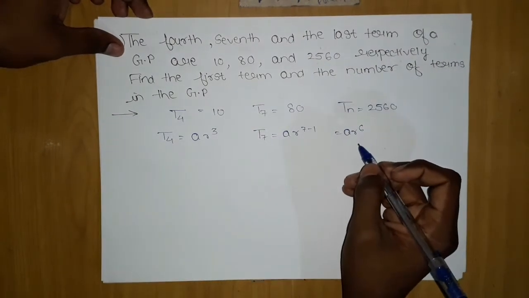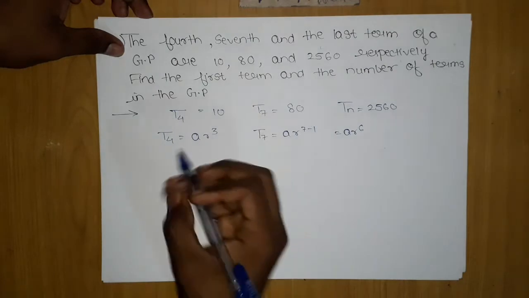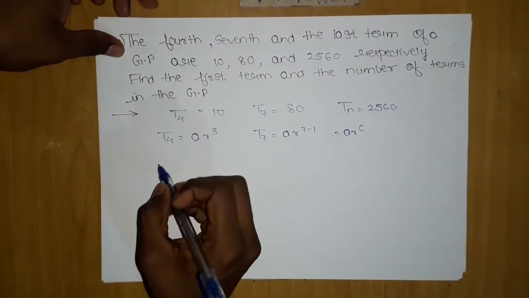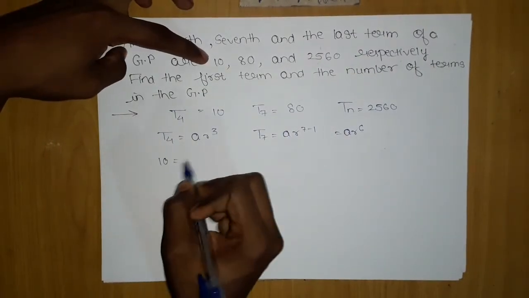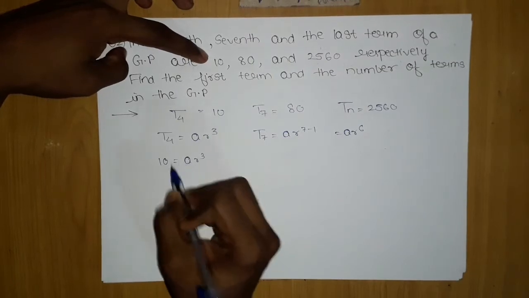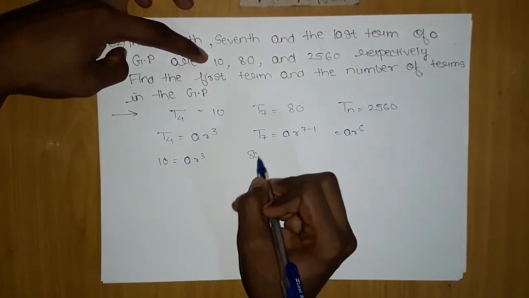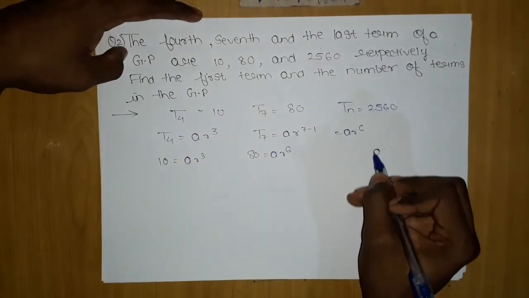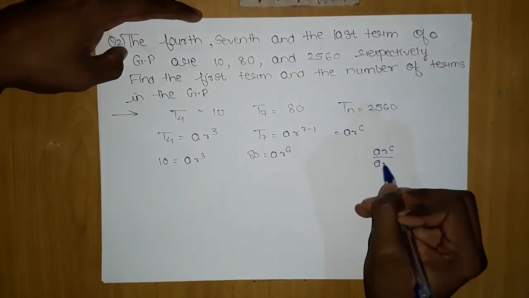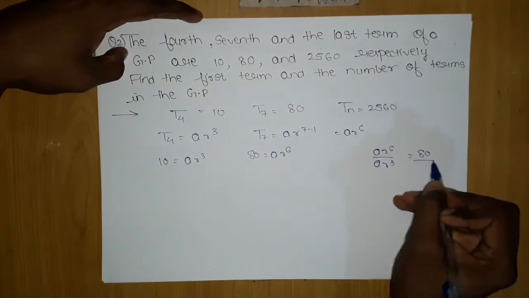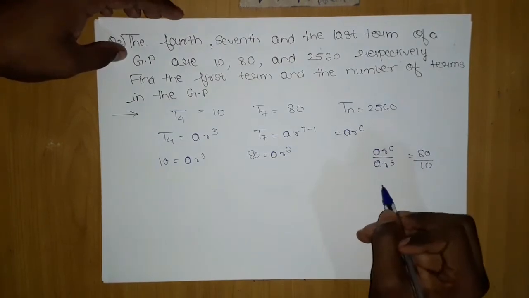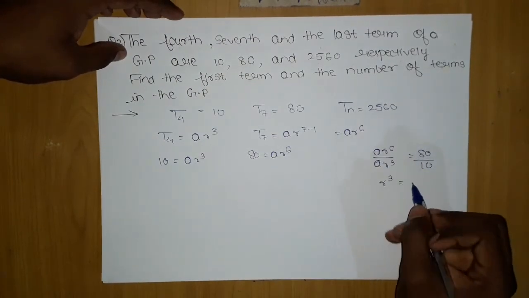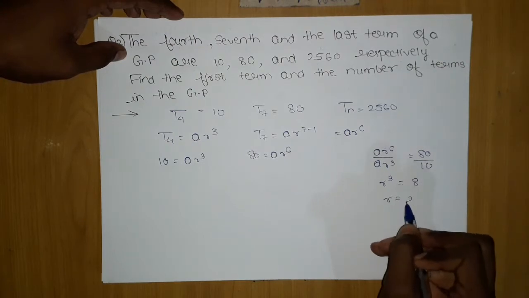Now if I divide these two, let me put the values. This is 10, I know it is ar cube, and 80 is equal to ar to the power 6. If I divide these two, ar to the power 6 upon ar cube is nothing but 80 upon 10, which gives me r cube equal to 8, which gives me r equal to 2.